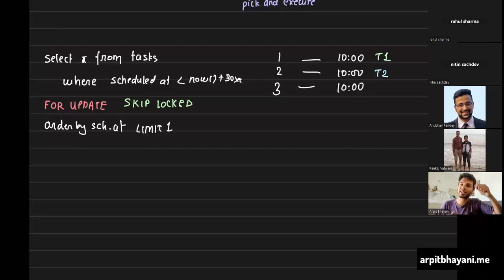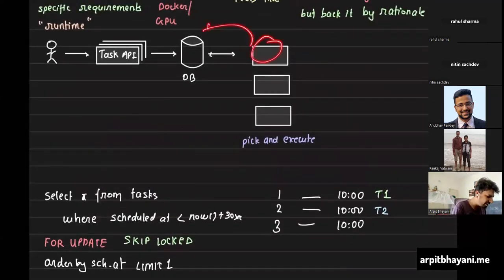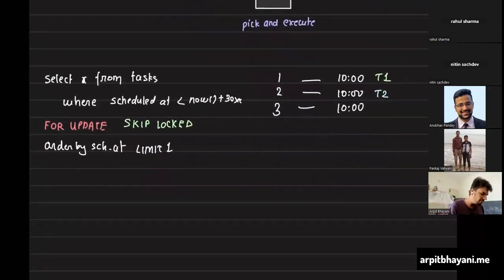Because when one machine or one transaction has taken an exclusive lock on a particular task, other transactions do not have to wait for it. They can just skip the locked rows and move to subsequent rows and start executing them. There is no point in waiting for the other transaction to complete and then seeing, oh, now this is gone, now I'll pick the next.